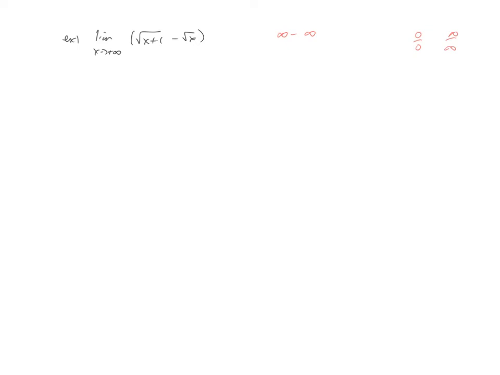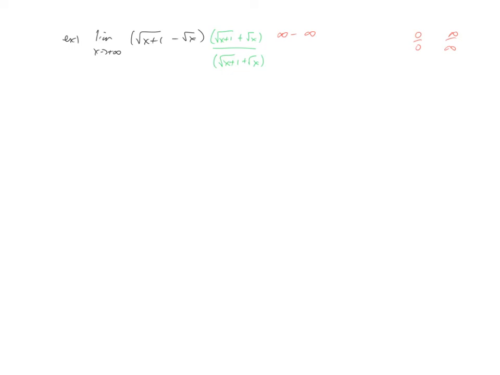So it's going to make sense for us in this problem to manipulate this function so that we have both a numerator and a denominator. The easiest way to do this is just by multiplying top and bottom by the conjugate. So if I multiply top and bottom by root x plus 1 plus root x, then that's going to officially give me a numerator and denominator in hopes of coming up with an appropriate L'Hopital's form.